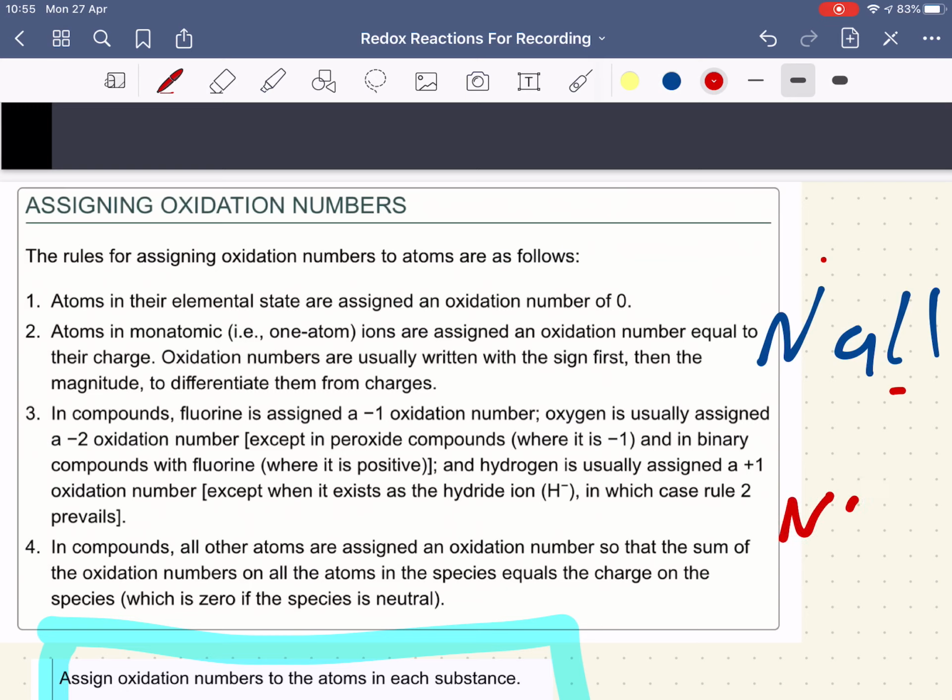A polyatomic ion would be something like NO3-, which is called nitrate. We'll take a look at that in just a minute. That's different than monoatomic, where we have one sodium ion and one chlorine ion. Their oxidation number is equal to their charge.